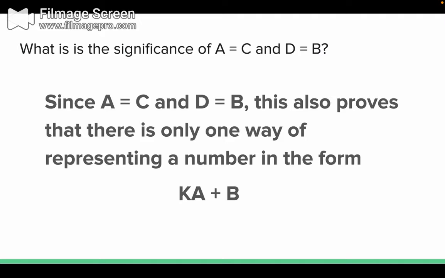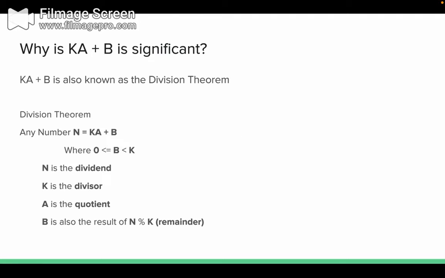So what is the significance of a equaling c and d equaling b? Since a equals c and d equals b, this also proves that there is only one way of representing a number in the form ka plus b. So why is ka plus b significant? The form ka plus b is also known as the division theorem.